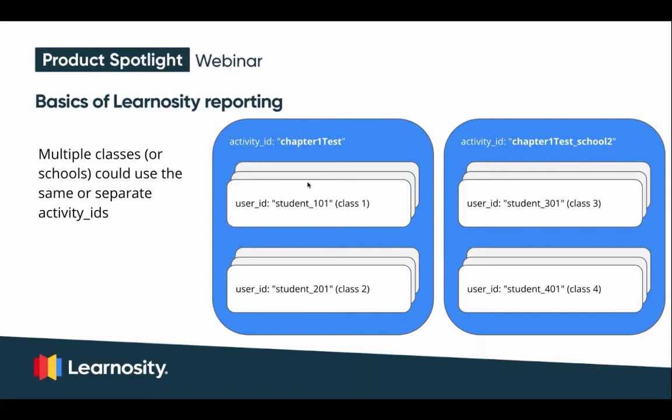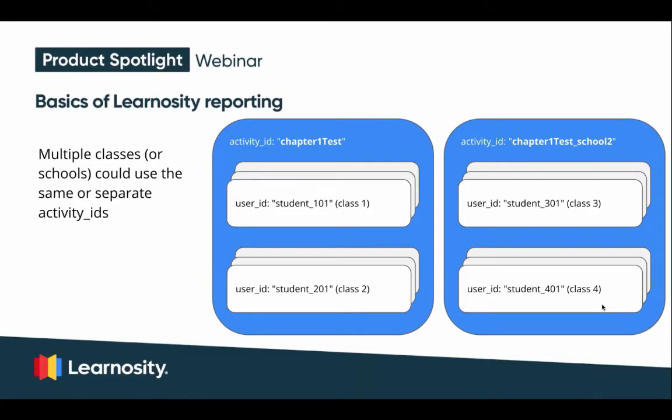Here we've got class 1 and class 2 are both taking the chapter 1 test, but maybe over here class 3 and class 4 attend a different school. Now we might want to give them their own activity ID. What that would allow us to do in reporting is easily scope the report to just the students at school 1 versus the other students at school 2.